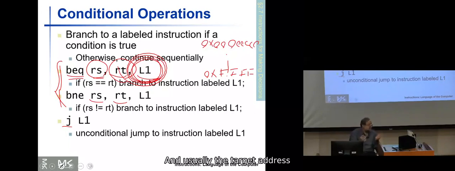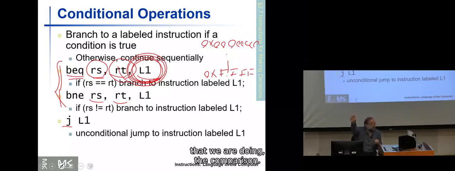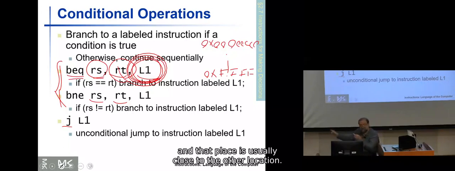These are the branches. And usually the target address that we would like to jump to is close to the instruction where we are doing the comparison. If this is equal to that, jump somewhere. And that place is usually close to the other location.